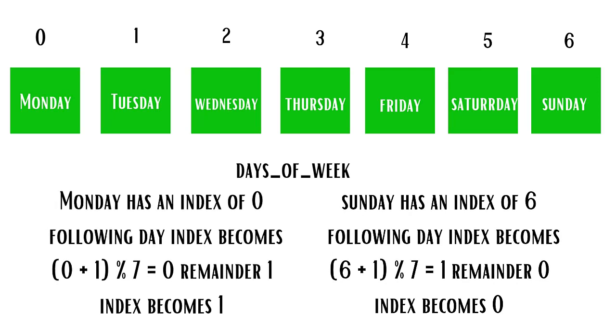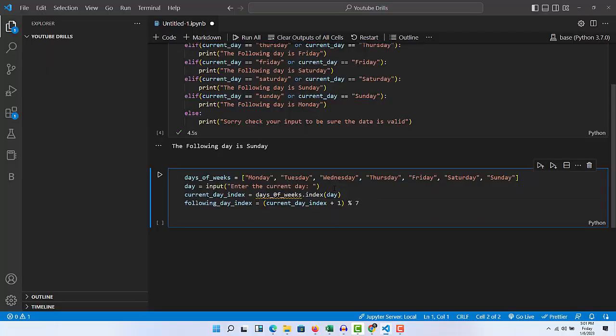But now 7 modulus 7, that is 7 divided by 7 is 1, remainder 0. So it will go back to index of 0, which is Monday. Do you understand? So in that case, we'll be able to solve the fact that we're moving from Sunday to Monday. And that's how to work with the modulus.